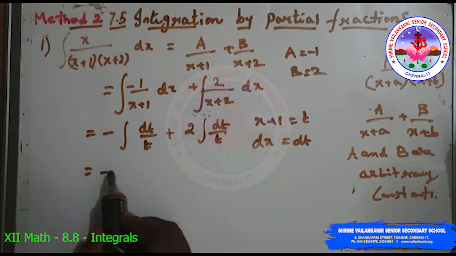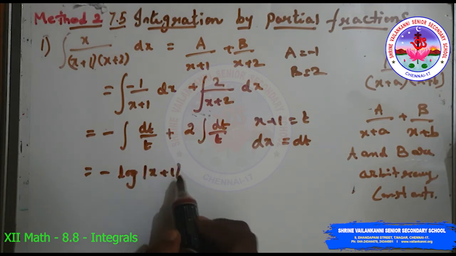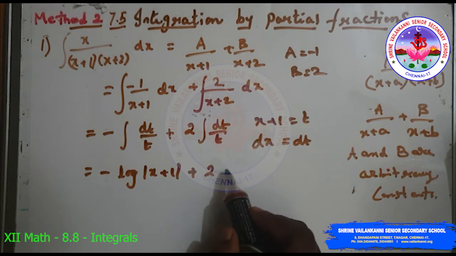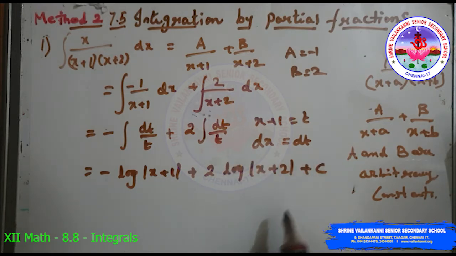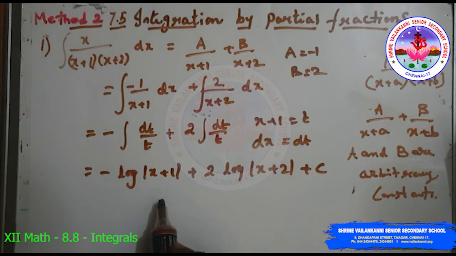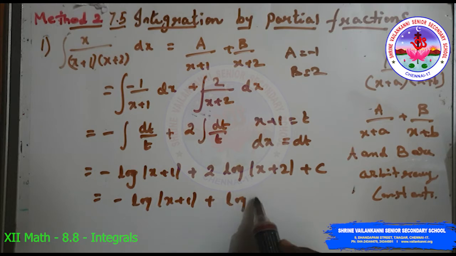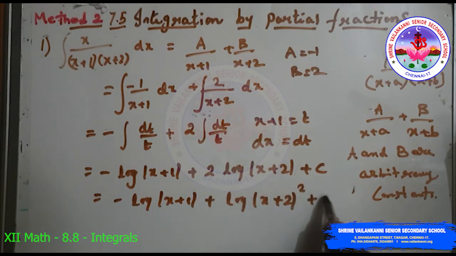So we can write this as minus of log t, where t is x plus 1, so log of x plus 1, plus 2 into log of x plus 2, plus c. So which is equal to minus log of x plus 1 plus log of x plus 2 power 2 plus c.